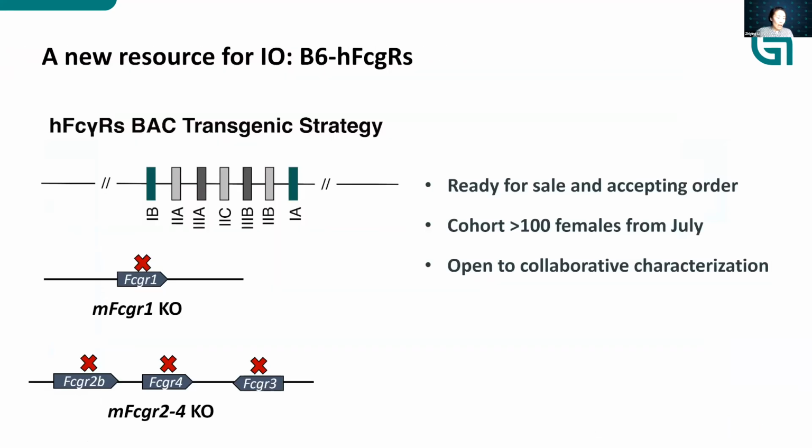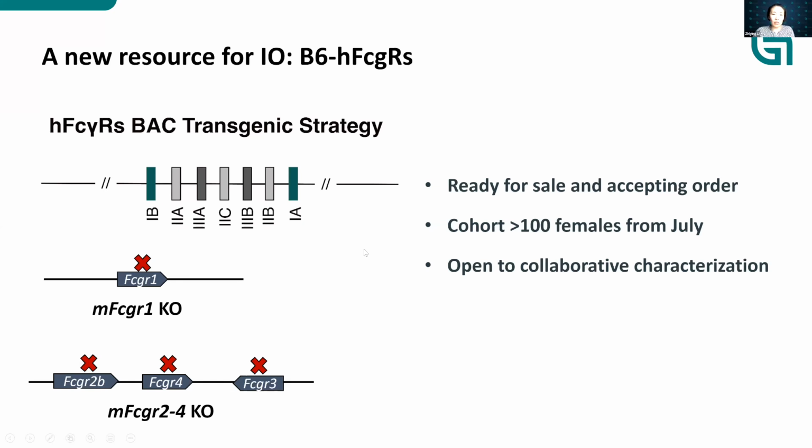All right, so I hope I have provided you a good set of information of how we rationalized the need for us, as a mouse provider, to develop a human FcγR receptor animal for the efficacy and safety testing of next generation IO therapy or candidate drugs.